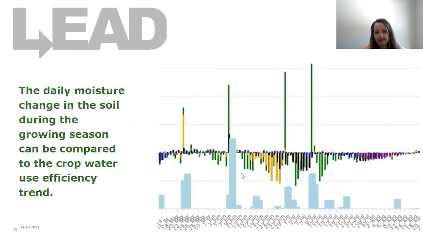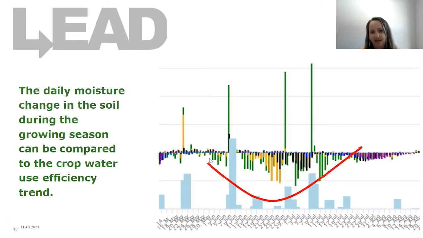You can see that here in June, root activity has started to take off as the 10 centimeter sensor starts to record negative daily moisture changes. So there were a few rainfall events that caused a positive rather than a negative daily moisture change a couple times throughout June and July.